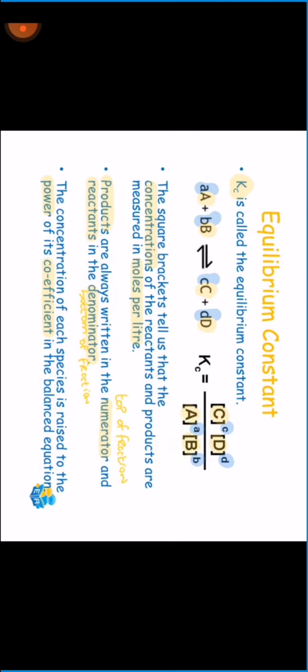To box it off, the reactants are on the bottom and the products are on the top. So this is our equilibrium constant formula that we will use in our calculations.